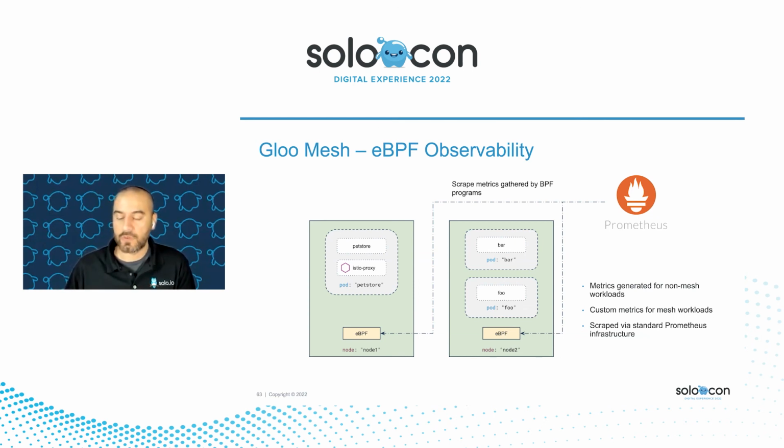We can get those from the node from our eBPF program. And then we can also get some custom metrics. Maybe we need some higher fidelity data about the pet store. We can get that from the eBPF program running on that node. And so you get this best of both worlds, where you can get low level eBPF style observability data, as well as the typical application level data.